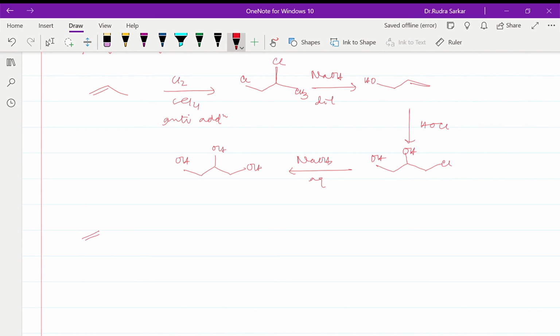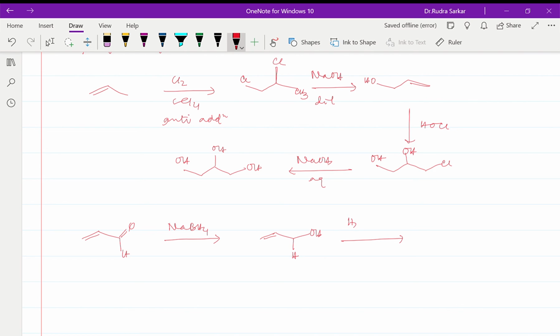Suppose we have been taking this one. This is called acrolein. You try to reduce this with NaBH4. The double bond will not be affected, but the aldehyde group will be reduced.